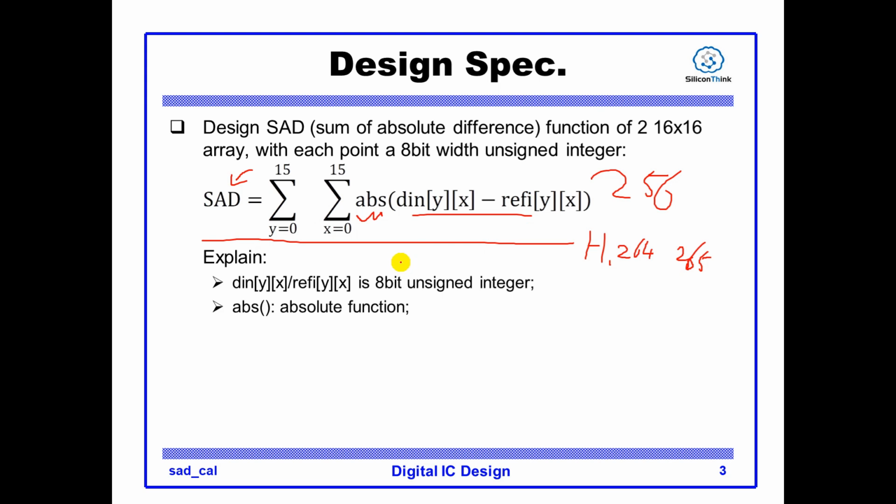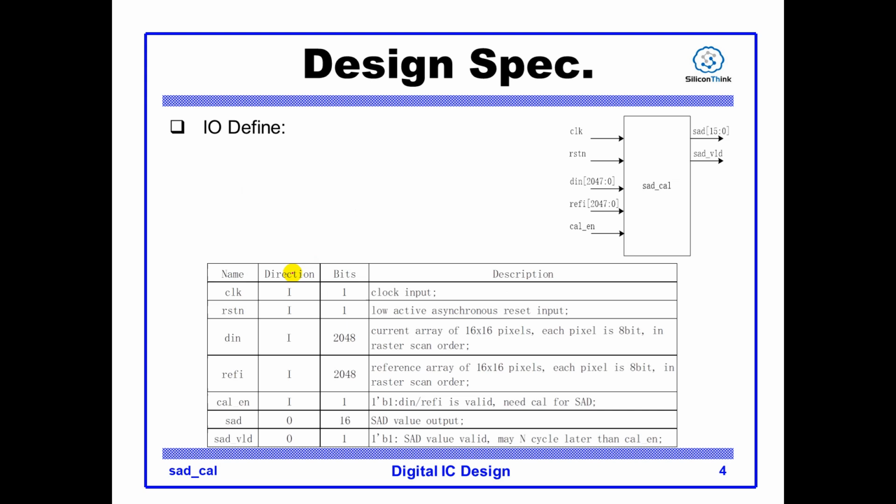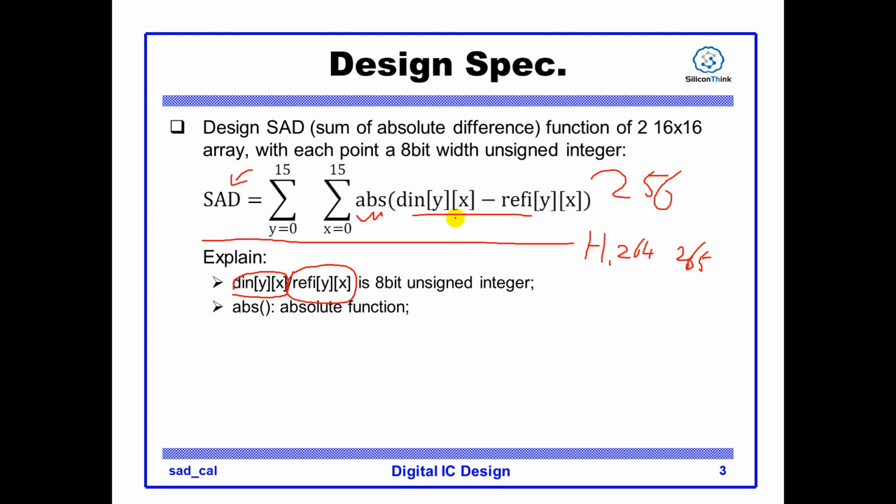When encoding a frame, we use this equation to find the best match block in the reference frame. So this is the value of the current frame, and this is the value in the reference frame. If you have understood the equation, let's go on with the design specification.